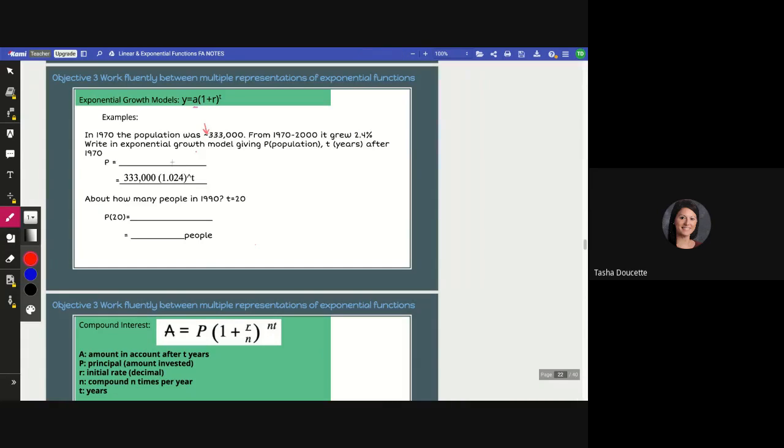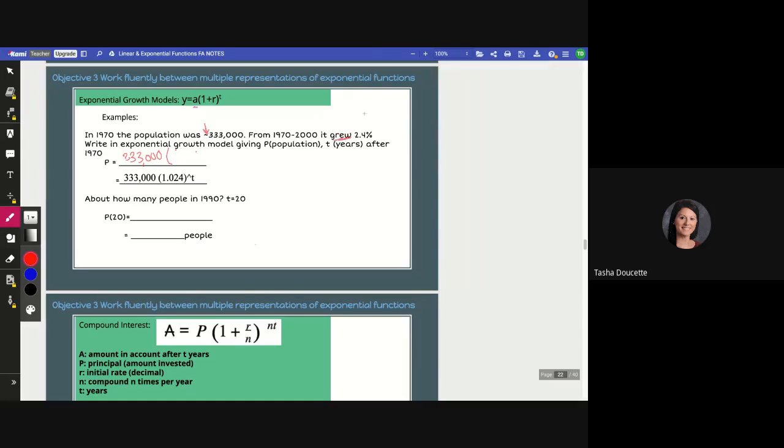So what we have here is P is equal to 333,000. We're multiplying that by, it is a growth, right?